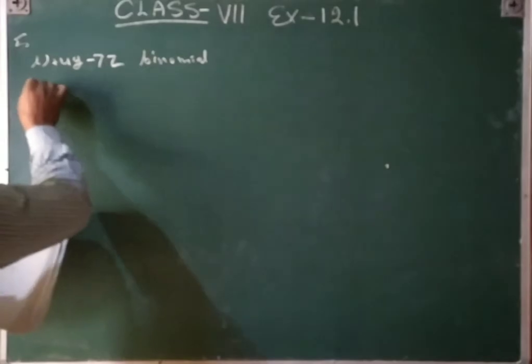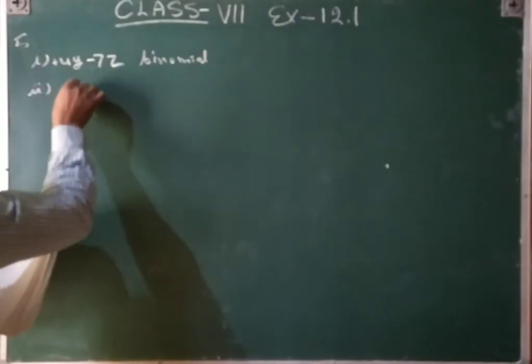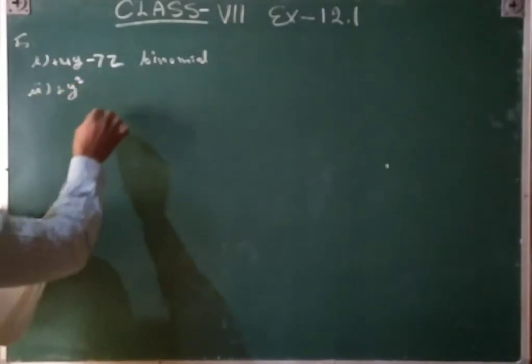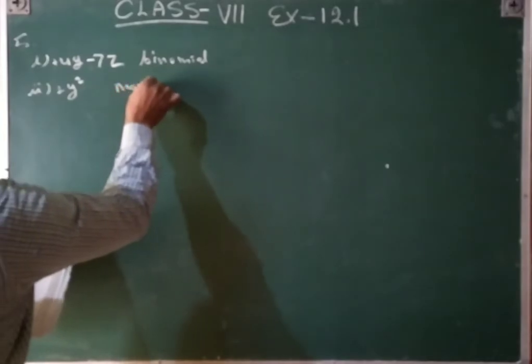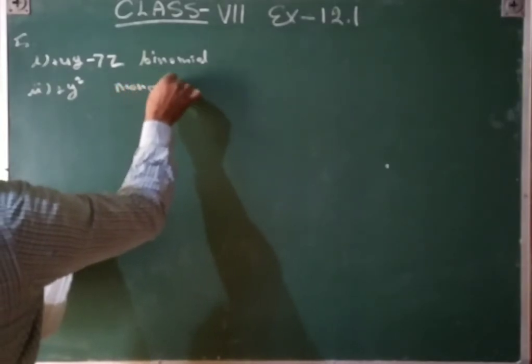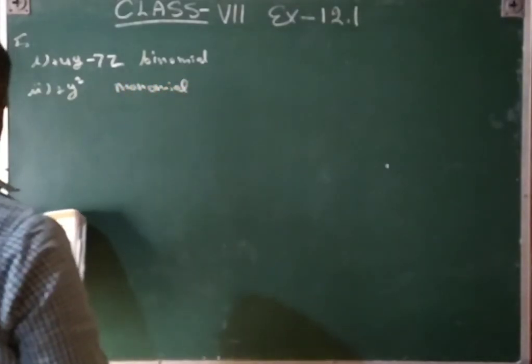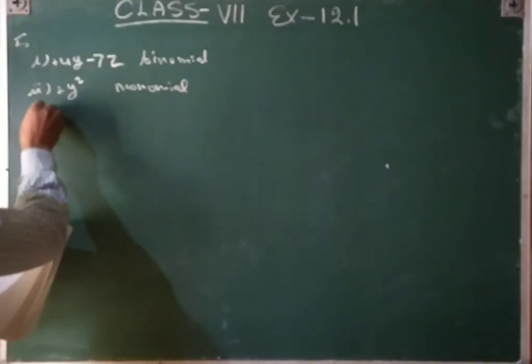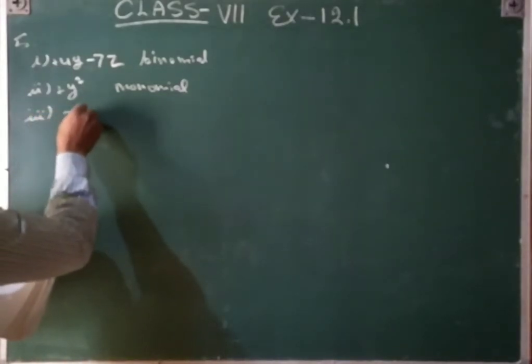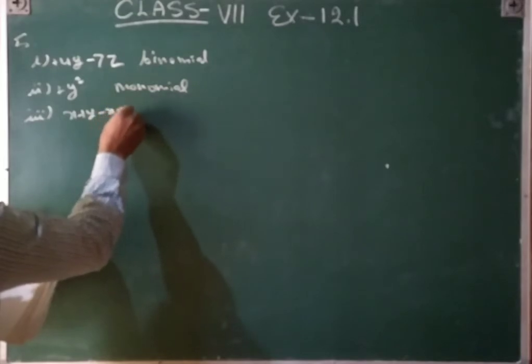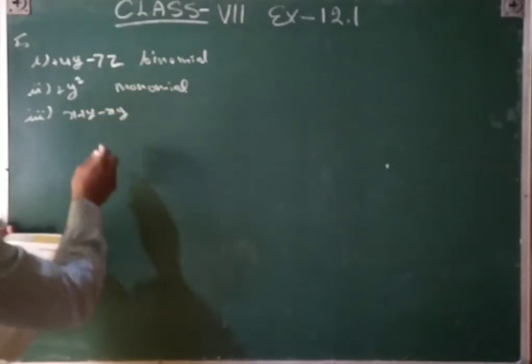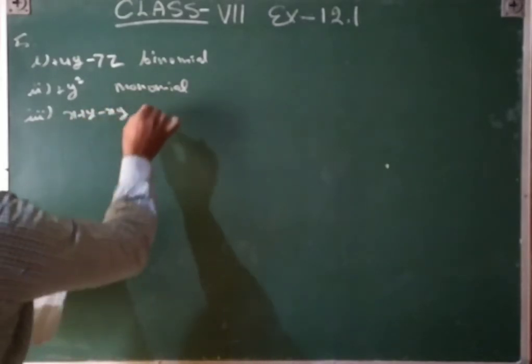And then the second part, you are looking that only one sign, that plus, so that is a monomial. Okay, and then the third part: x plus y minus xy, three signs, 1 2 3, so that is a trinomial.